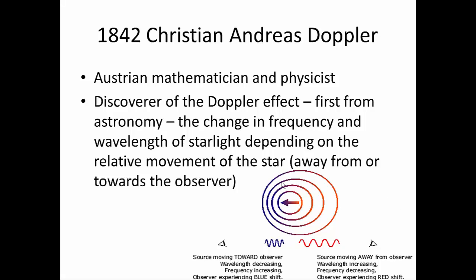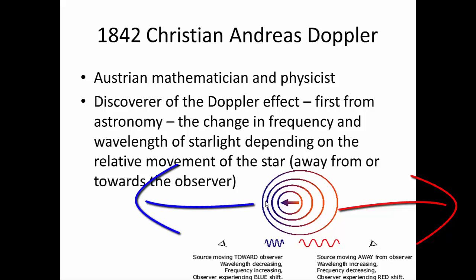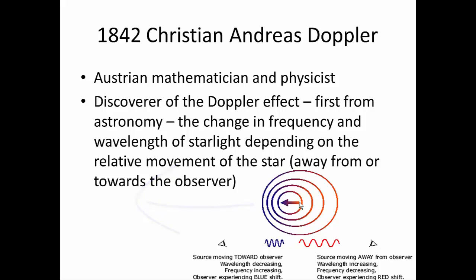As in this little pictogram here, you can see that a star moving away from you will have a redshift effect, and a star moving toward you will have a relative blue shift effect. So you will have a shift in the frequency to a longer wavelength and a lower frequency if the object is moving away, and a shorter wavelength and an increased frequency in objects approaching you.